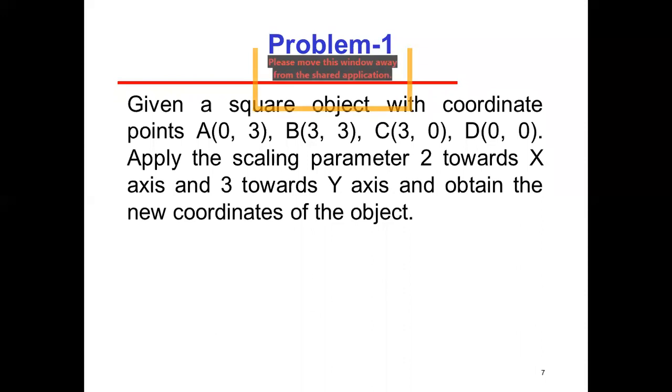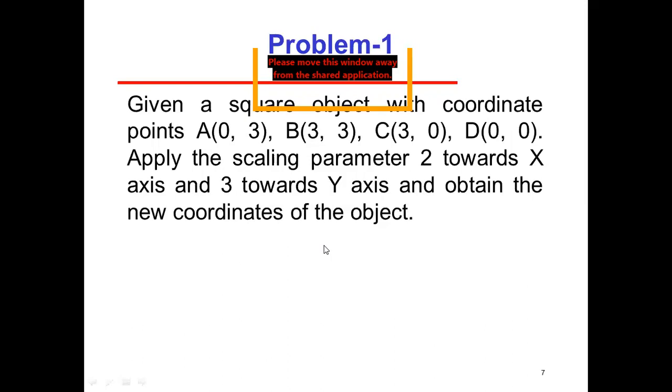Now you can see, towards the x-axis means sx is equal to 2, and towards the y-axis means sy is equal to 3. Now we can easily calculate the final coordinates for each vertex.